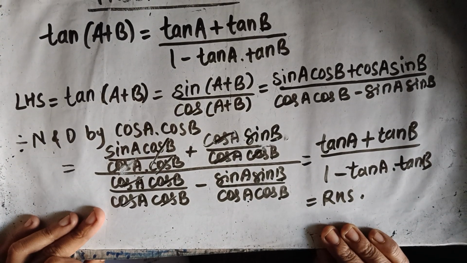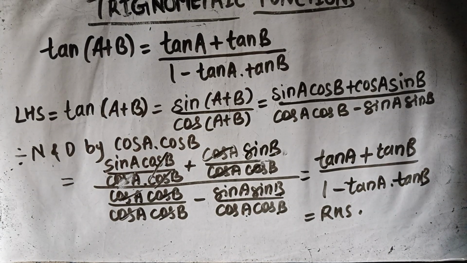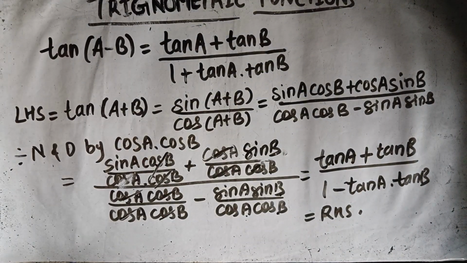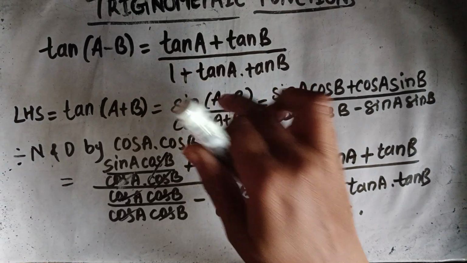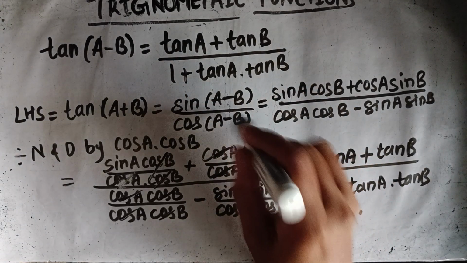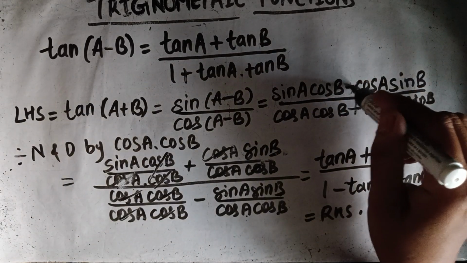Same way we can do it for the minus sign, that is A−B. For A−B you can write minus here, so this will be plus. For A−B, you take sin(A−B) and cos(A−B), so this will be plus, this will be minus.